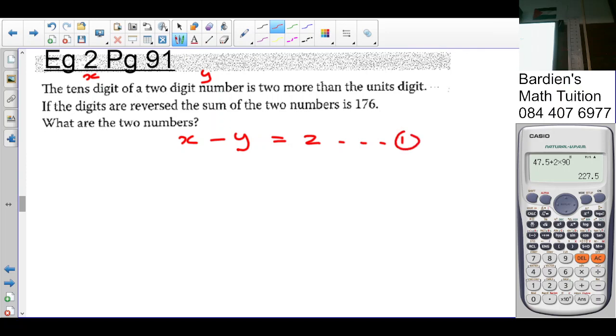If the digits are reversed, the sum of the 2 numbers is 176. So the original number will be 10x plus y. If the numbers are reversed, we swap it around. If I swap this around, what do I get? 10y plus x.